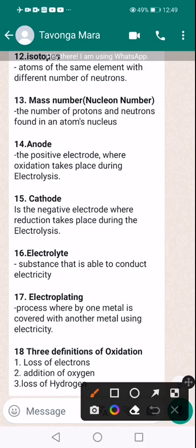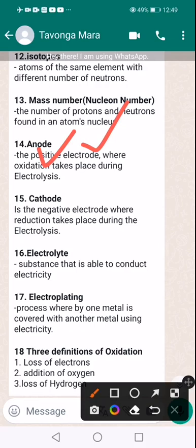The anode is the positive electrode where oxidation takes place. Why? Because this is where electrons are being lost. Then the cathode is a negative electrode where reduction takes place during electrolysis. Why reduction? Because reduction means addition of electrons.